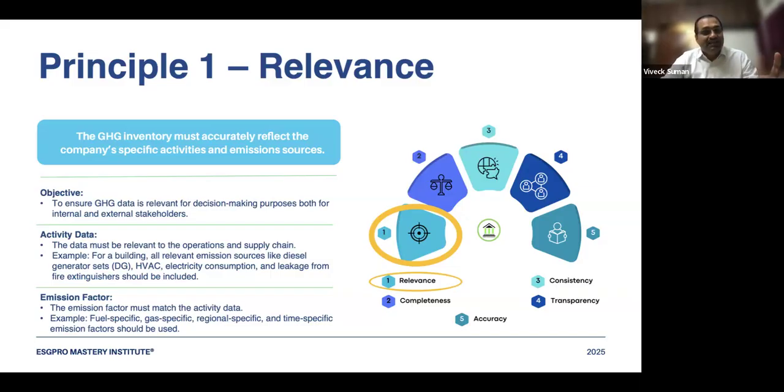To ensure that GHG data is relevant to the decision maker, which can be internal and external, both, right? They need relevance. Inventory boundary should consider the company characteristics. Here, you have to make sure to remain relevant. The boundary which you are creating, and we are going to learn boundary immediately after principle, the 5 steps. The first step is the boundary creation, where you will be doing calculation.